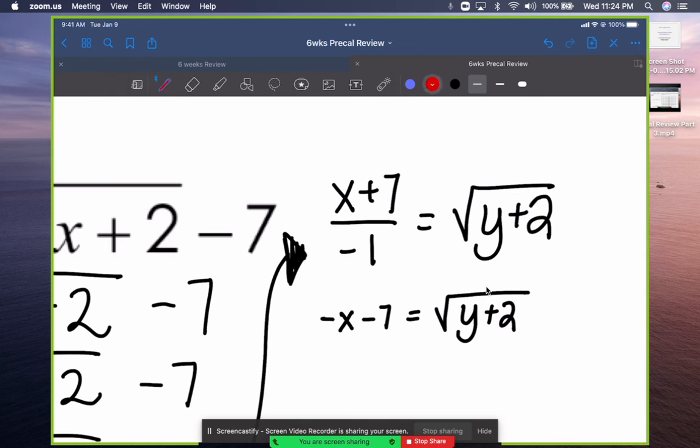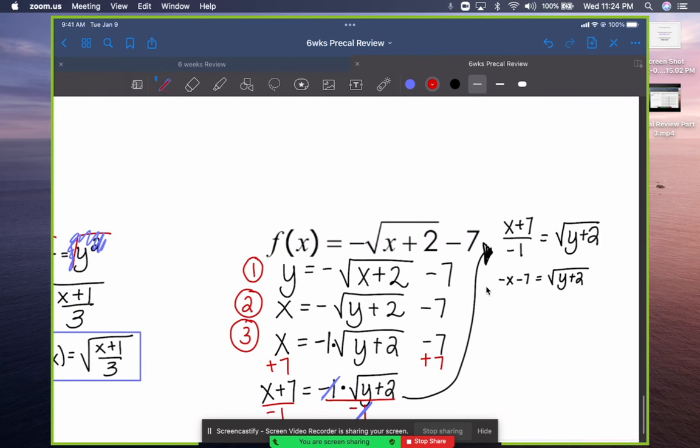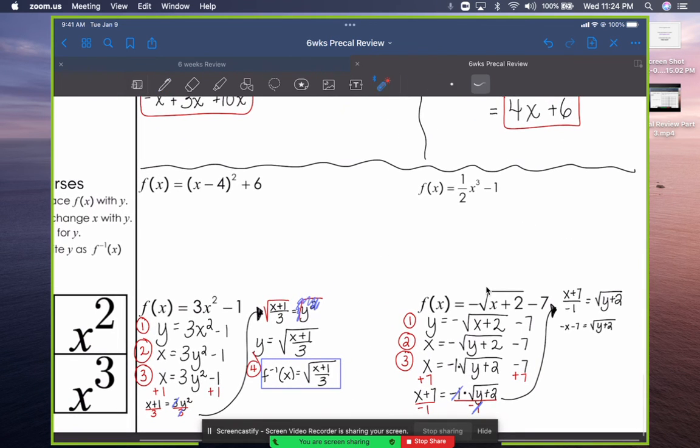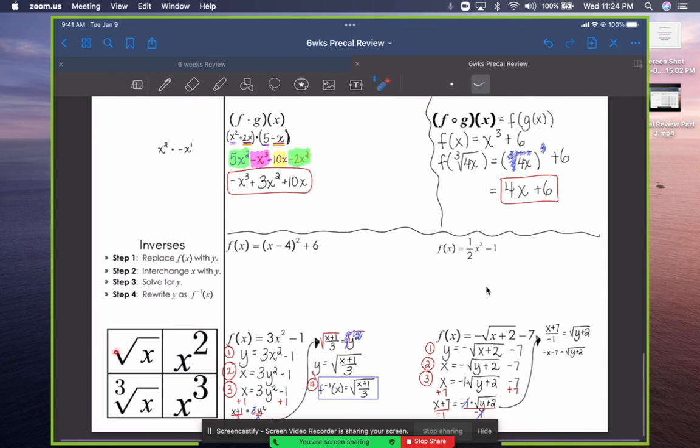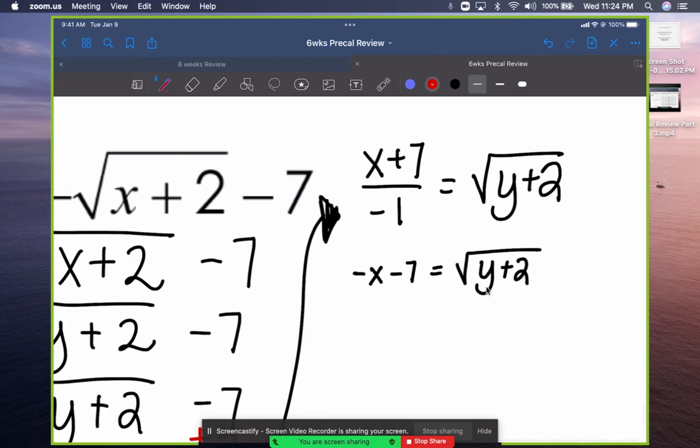Now we're going to want to take a look at our inverses again. The inverse of a square root is a squared, so I'm going to want to square both sides. The squared allows me to get rid of the casita, so I can bring down everything else that is inside.